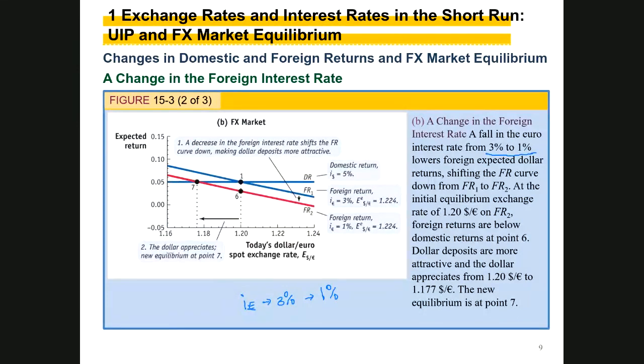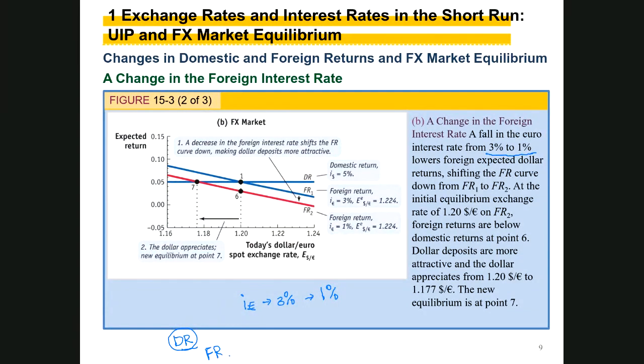So by the same logic, this time, instead of moving the DR line, the domestic return line, we are going to shift the foreign return line, right? And in which direction?